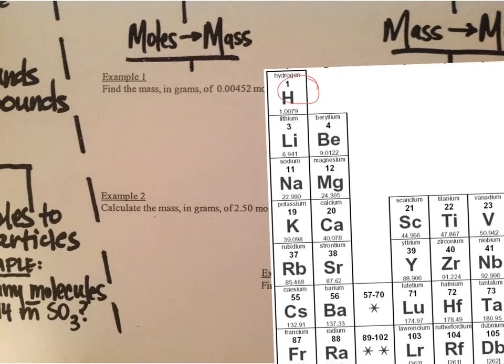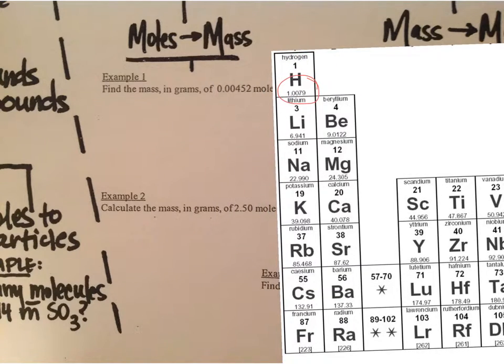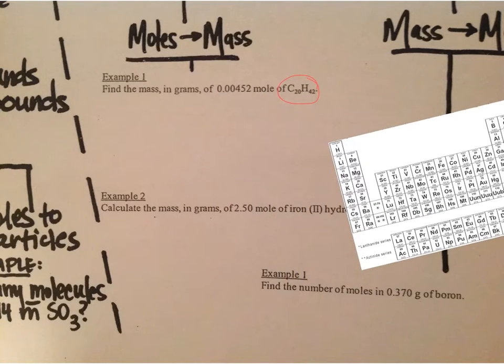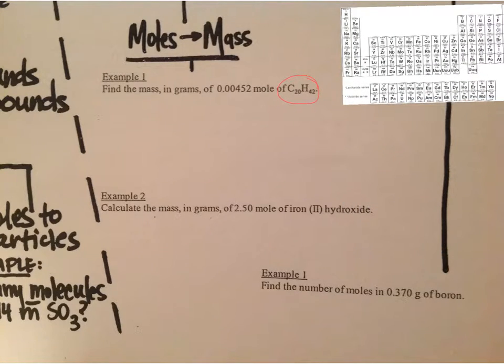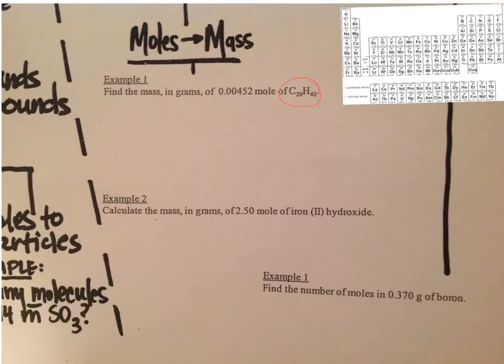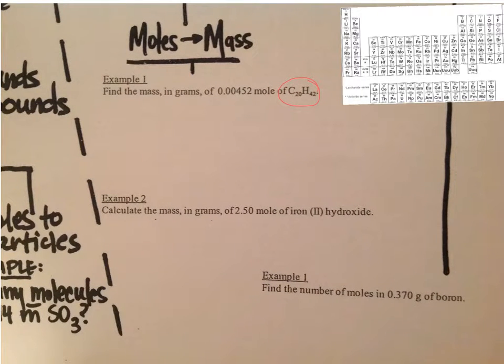Hydrogen has an atomic mass of 1.0. So we are going to add together 20 carbons. So I have carbon, and there are 20, and each of them is 12.0. So that will equal 240.0.